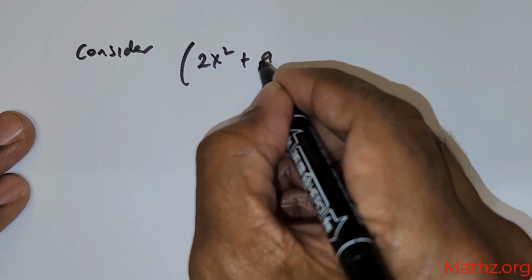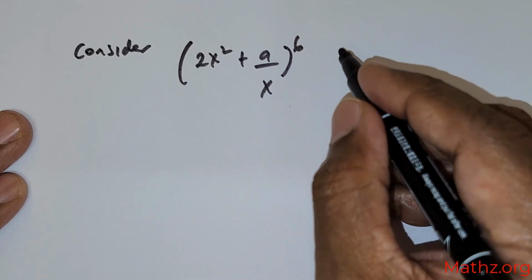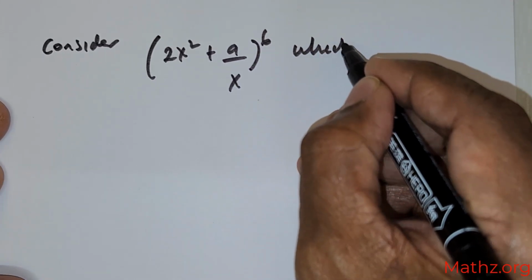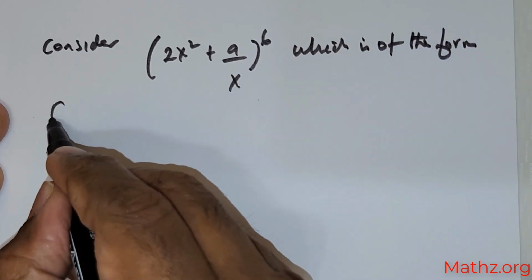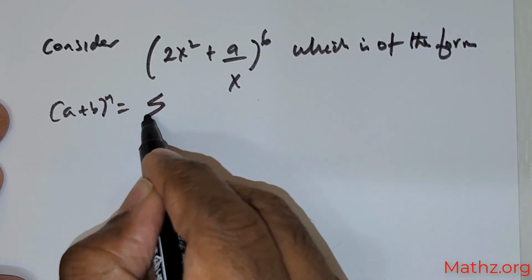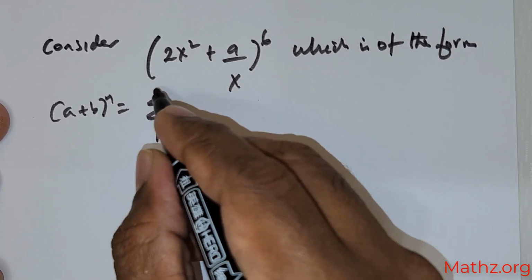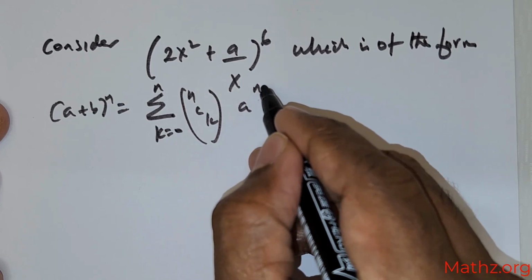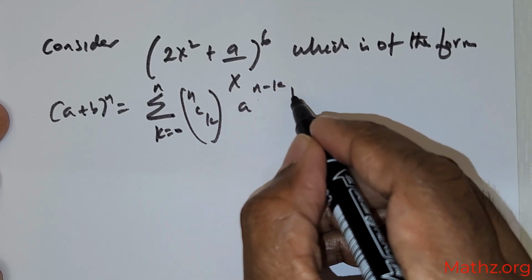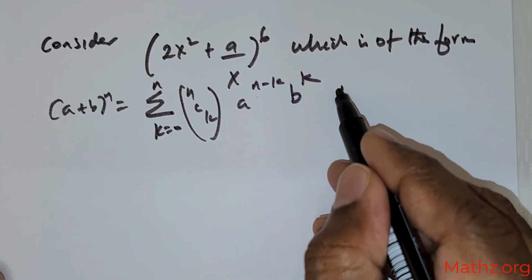(2x² + a/x)^6 is of the form (a + b)^n, which is a binomial expansion written as the sum from k = 0 to n of nCk times a^(n−k) times b^k.